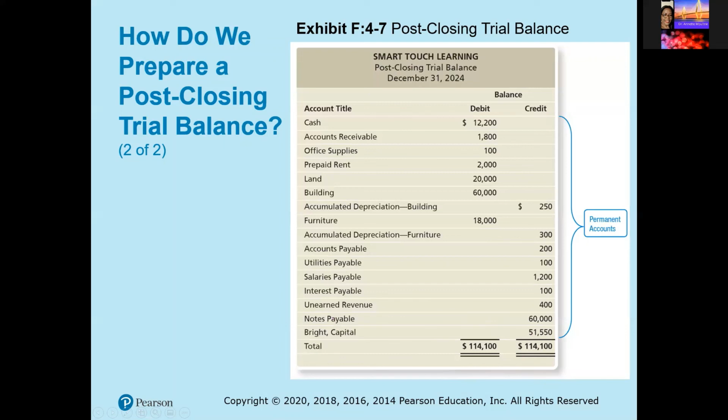Now notice that the adjusted trial balance for Smart Touch Learning, Exhibit 4-1 that we saw, and the post-closing trial balance are similar. However, an easy way to make sure that you didn't make an error in the closing process is to compare the adjusted trial balance to the post-closing trial balance to ensure that, one, account balances above owner capital are the same.